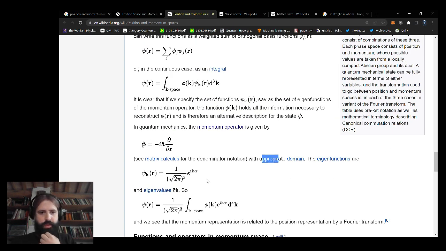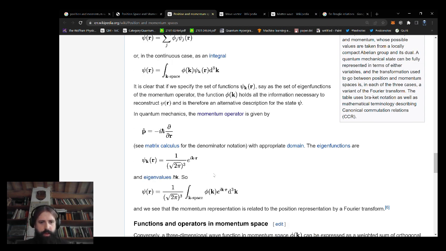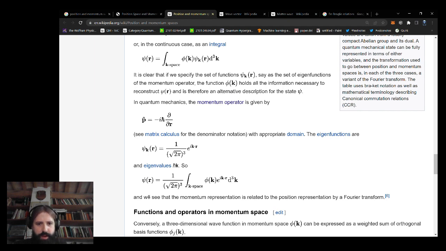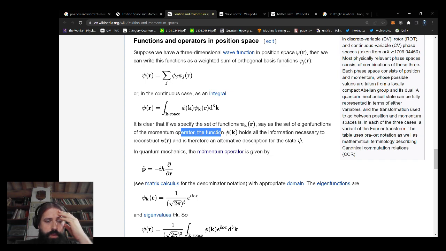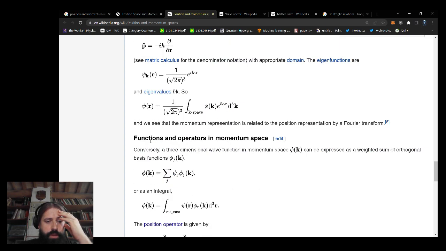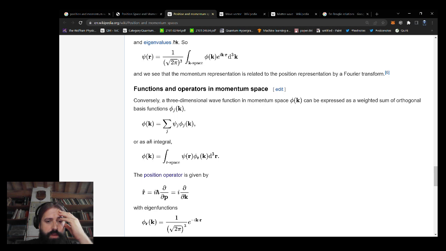But the main eigenfunctions and eigenvalues are like these. It just doesn't make sense how we arrive at position space and momentum space.